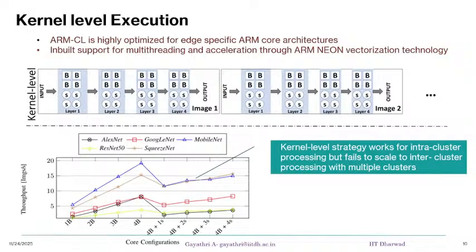What we had seen is when you do this kernel-wise execution, that means sequentially one layer after the other using all the 8 cores, the throughput increases as you increase the number of performance cores, that is the big cores. But the moment you start using the smaller cores, the performance or the throughput drops, right?